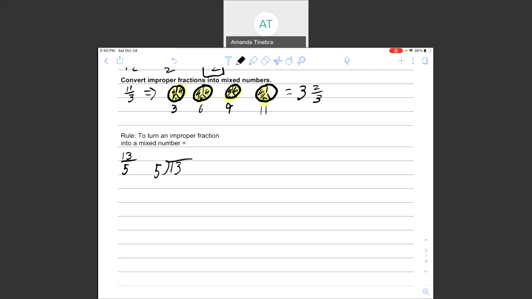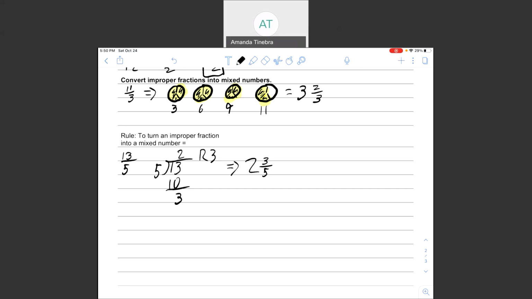If I think about this, I know 5 goes into 13 2 times. 2 times 5 is 10. That leaves me with a remainder of 3. What that means as a fraction is that I have 2 wholes, and then those 3 parts left over become my new numerator. So 13/5 is 2 3/5.